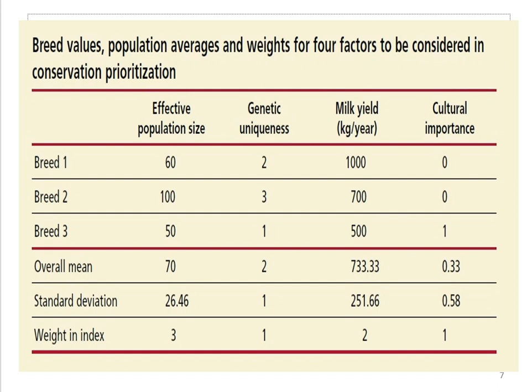And for breed 3, effective population size is 50, genetic uniqueness is 1, milk yield is 500, and cultural importance is 1. We can easily calculate overall means and standard deviations for each factor, and I have already assigned weights for each factor. Effective population size has weight 3, genetic uniqueness 1, milk yield 2, and cultural importance 1.